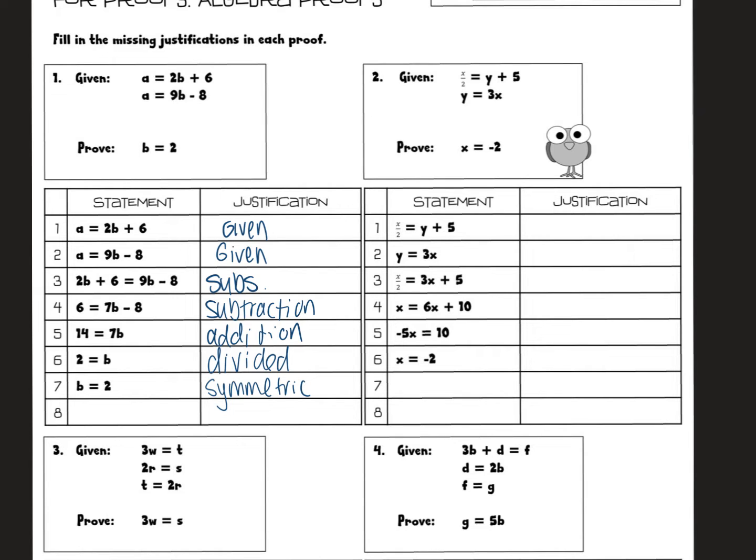Okay, number 2. So we have a given and given. In step 3, it looks like we took our y, changed it to a 3x in statement 1. So that one is substitution.